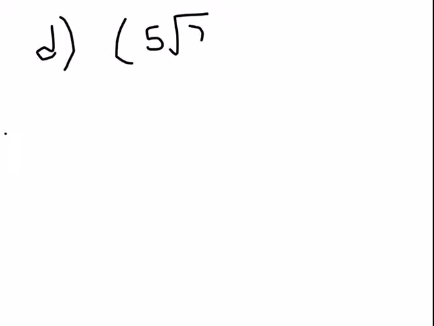Let's say we have, this time around, 5 square root of 2, and then we square that. What an interesting question. This one is interesting because you will need to apply the laws of exponents.